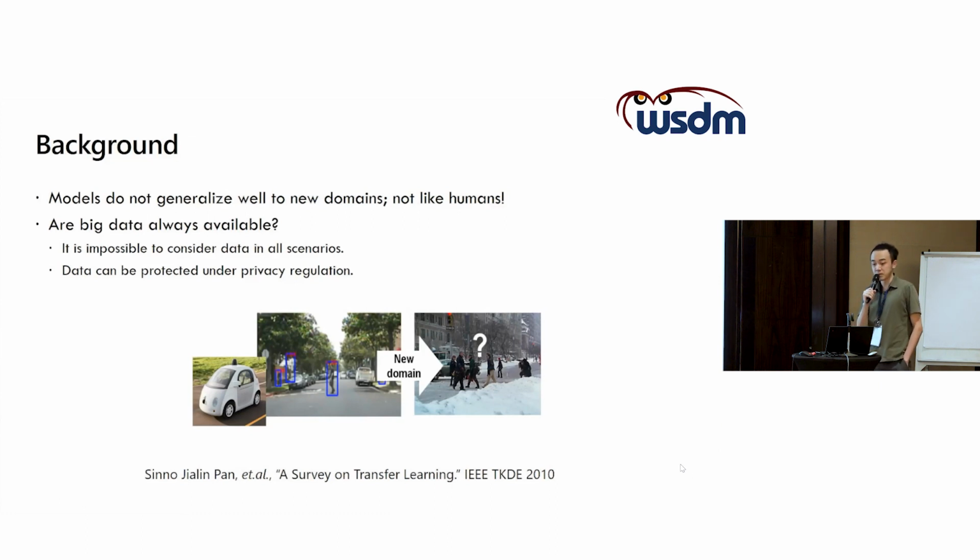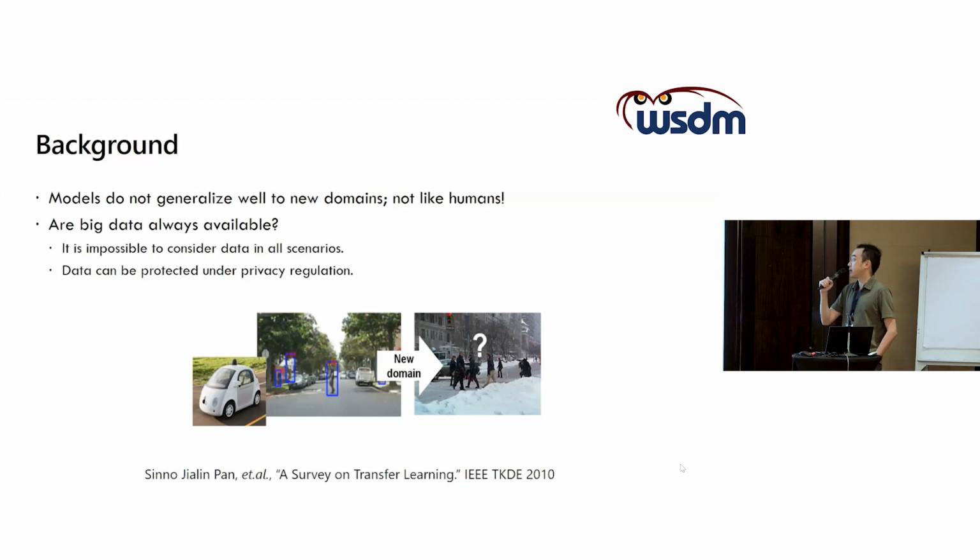You may wonder, because our deep neural networks are powered by big data, why not just collect sufficient data to train our neural networks, and then we can expect very good performance on a specific task.